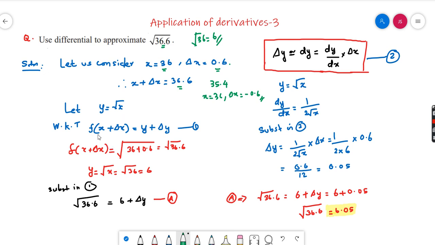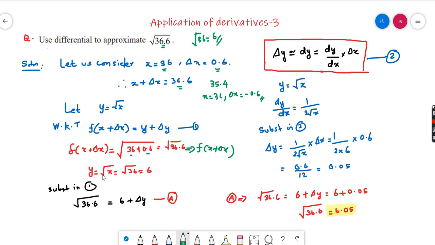Now we know that f of x plus delta x is equal to y plus delta y. So x plus delta x is 36.6 and f is the function or the operation that is acting on it. So f of x plus delta x is equal to square root of 36 plus 0.6. So square root of 36.6 is called f of x plus delta x.